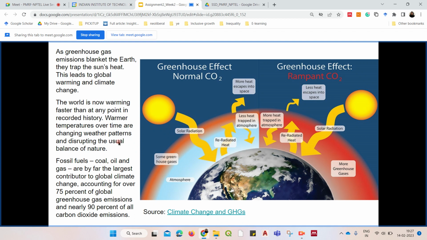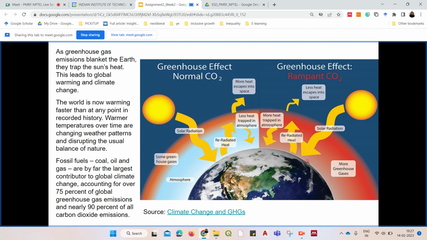But because of human activities, the CO2 in the environment has increased rapidly, and because of that, more and more solar radiation from the sun is being trapped in our atmosphere as more and more greenhouse gases are released.